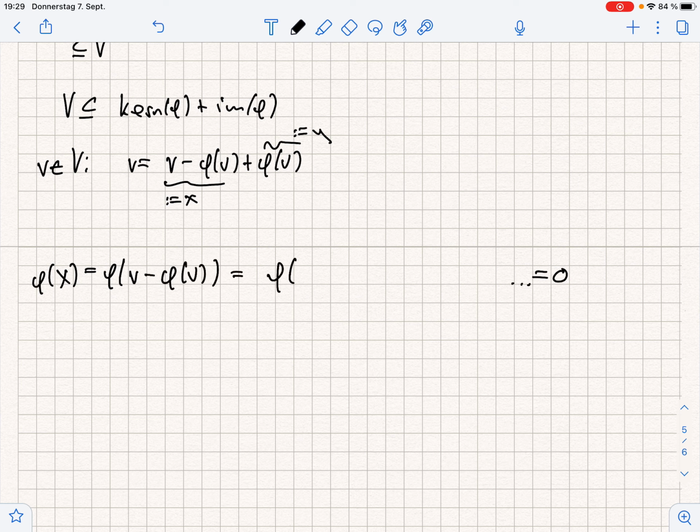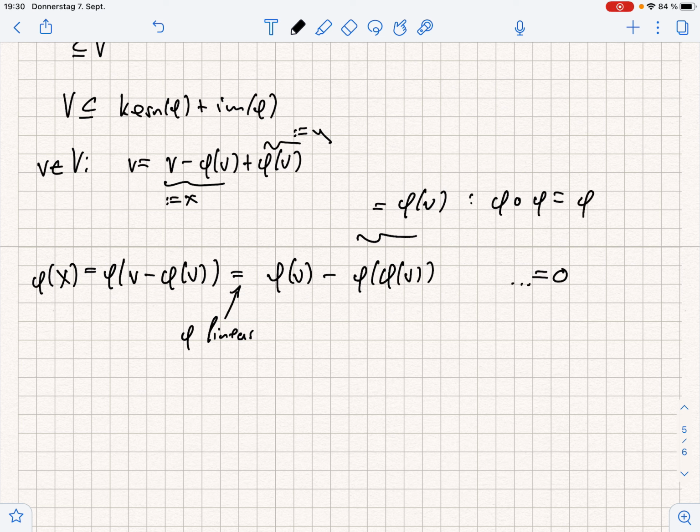And this is obviously phi of v minus phi of phi of v, because phi is linear. And again, here you can see that phi of phi of v is the same as phi of v because of the property that phi composite phi is simply phi, right? And thereby this is phi of v minus phi of v, and this is then 0, right?